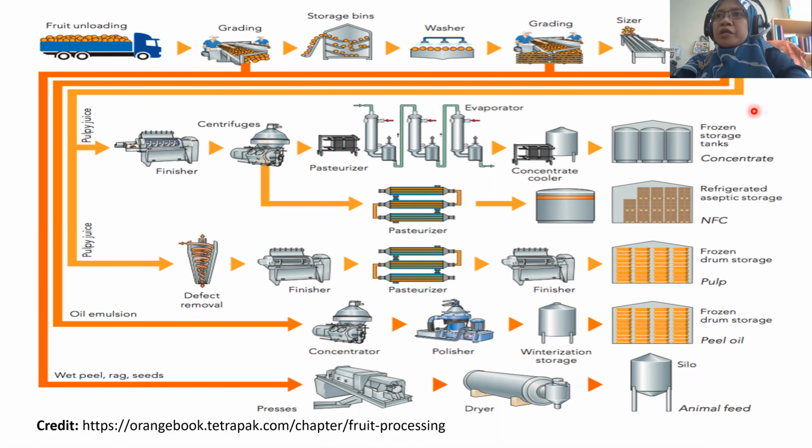In this process flow diagram, the main product consists of frozen concentrated orange juice and not-from-concentrate juice. There are two types. This process flow diagram also shows other byproducts from the orange juice production, which are pulp, peel oil, and animal feed.